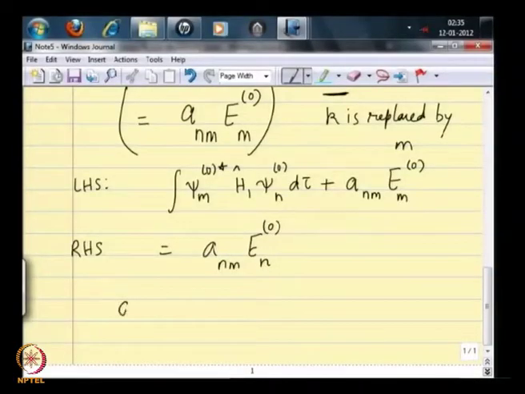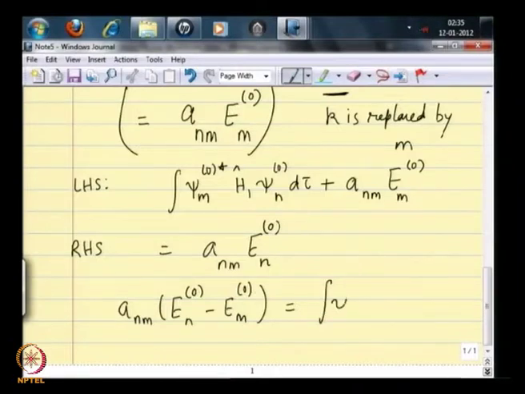Now the summary is that the coefficient a n m, if I bring this to the right hand side, the equation is that a n m times e n 0 minus e m 0 is equal to the integral psi m 0, which we can now write using the Dirac notation.